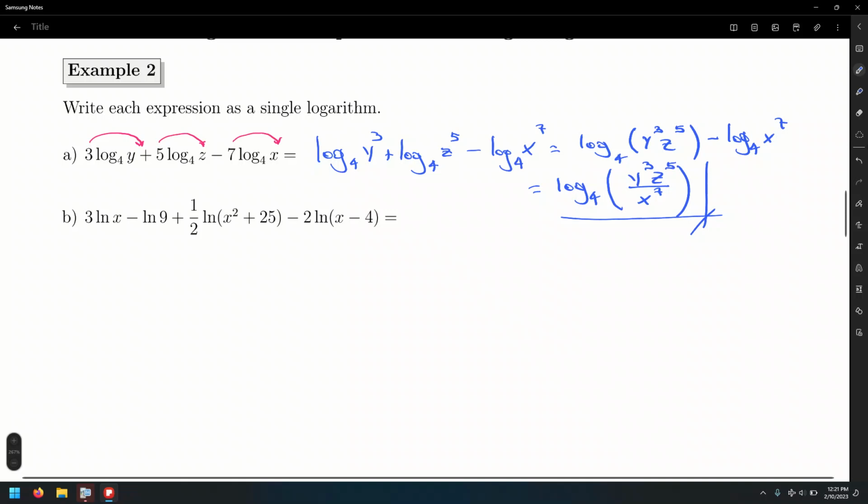What do I mean by all over the place? In terms of their signs. We have a positive, a negative, then a positive, and then a negative. It's not like in the previous example where we had the first two be positive, we compressed them as a product, and then we took care of the difference to turn it into a quotient.